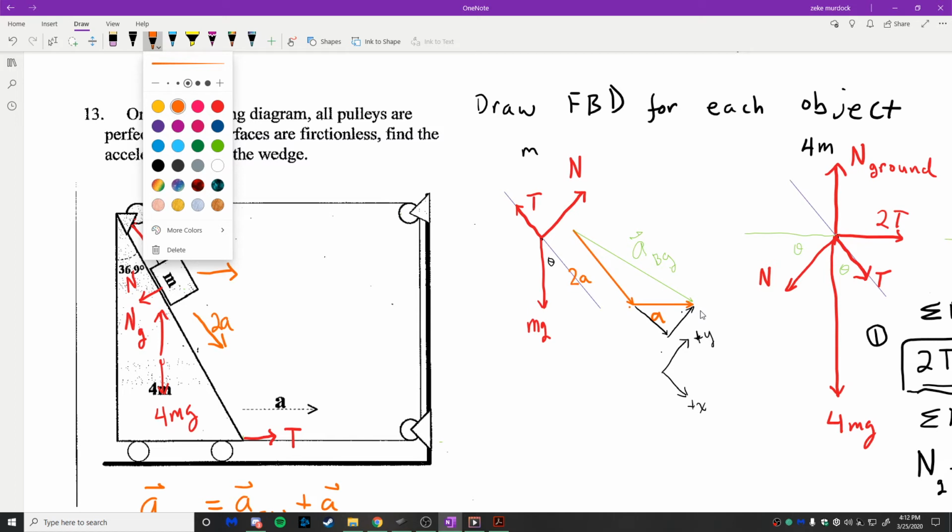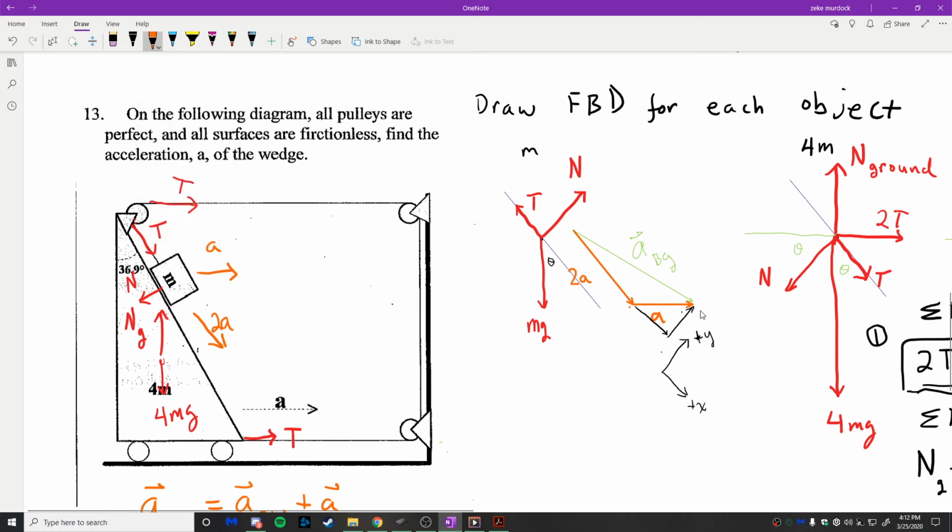That acceleration A right there, on our diagram, would be this way. It's not a force, but that's the direction it would point. Which means this angle right here is 90 minus theta, because it's basically the same angle here.